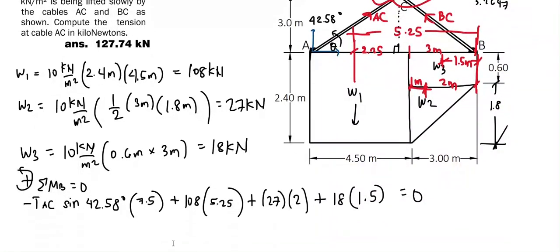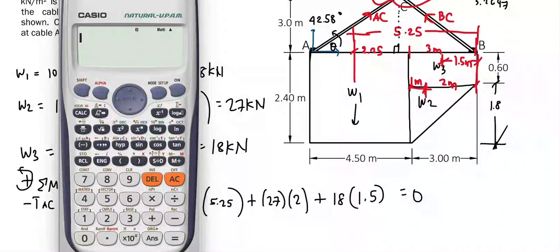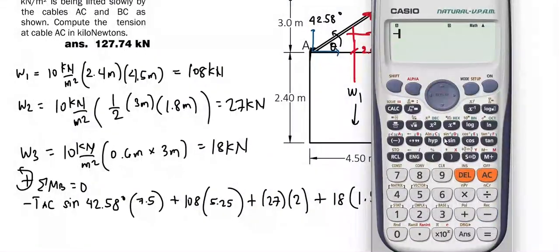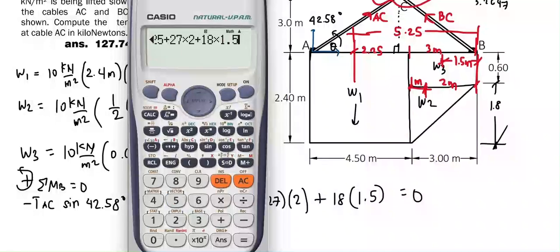Now we can solve for tension AC: negative tension AC times sine of 42.58 times 7.5 plus 108 times 5.25 plus 27 times 2 plus 18 times 1.5 equals 0.